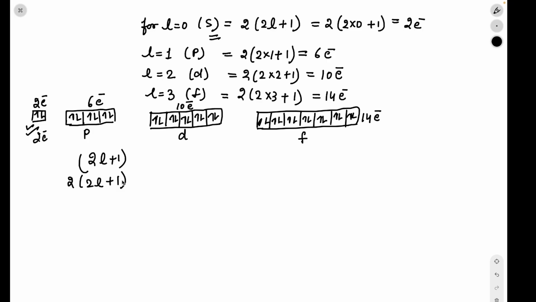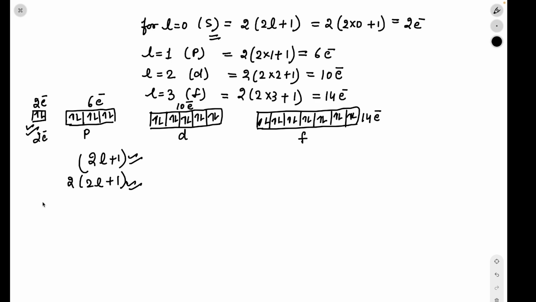We can understand it like this: if L is the type of flat, then the formula 2L plus 1 tells us how many rooms are in that flat, and each room can have 2 people, that is 2 electrons. So we use the formula to know the maximum number of people in that flat.